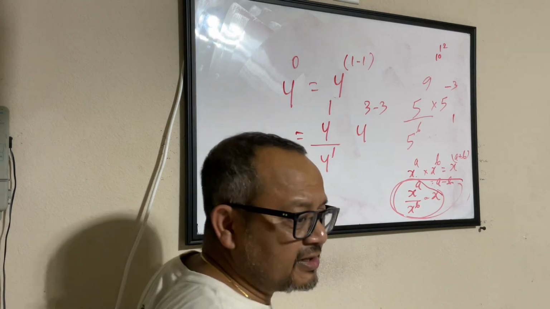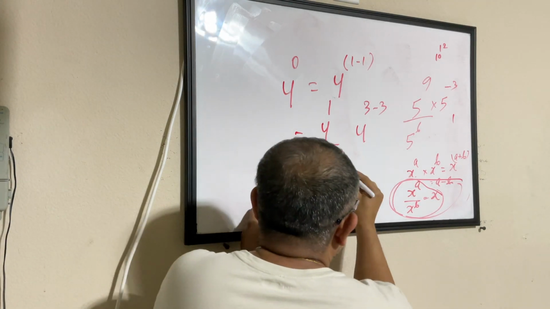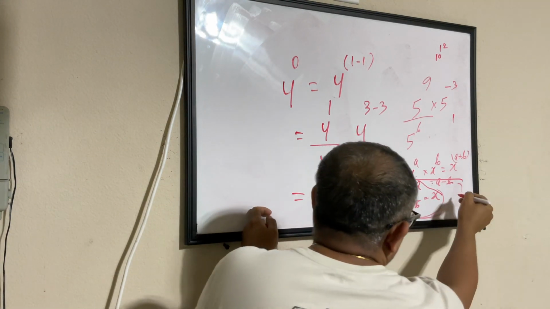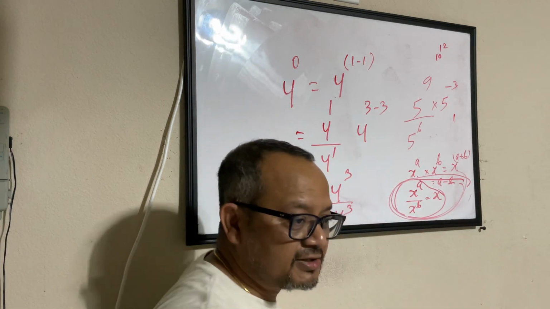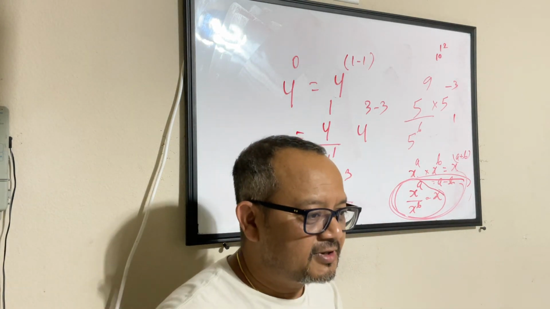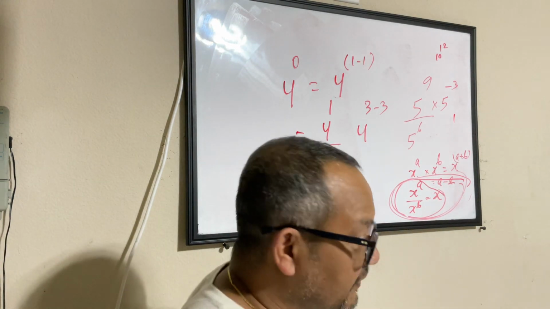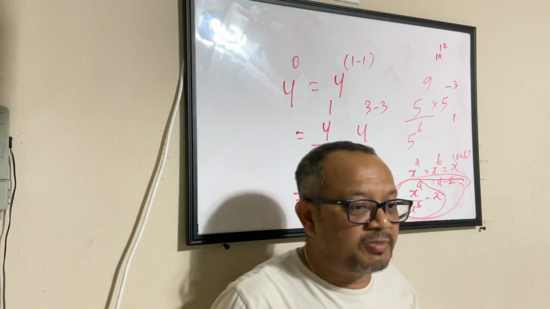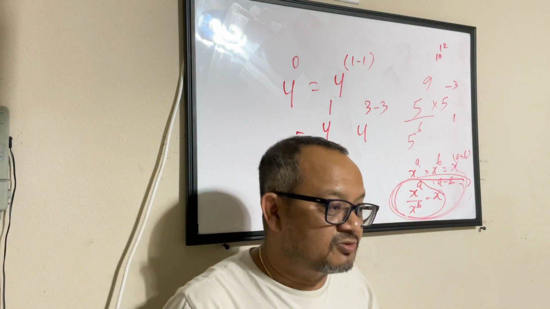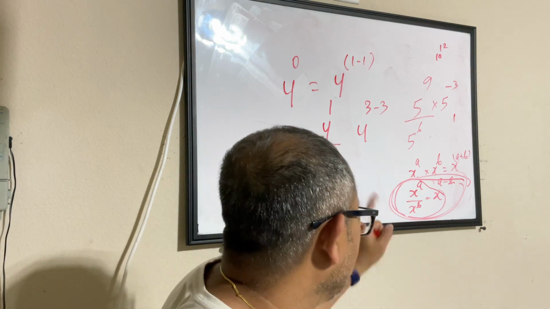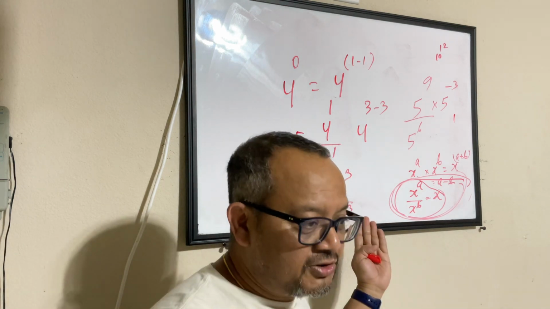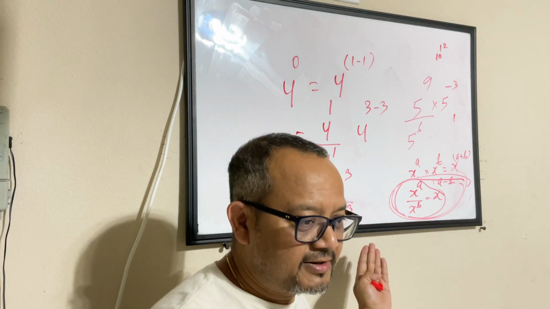That is also the same thing. And that becomes 4 to the power 3 divided by 4 to the power 3 based on the second rule of my exponent. So never ever go to the pharmacy to buy blood pressure medicine when it comes to mathematics. You have to play with it. And now you know what the value would be, right?